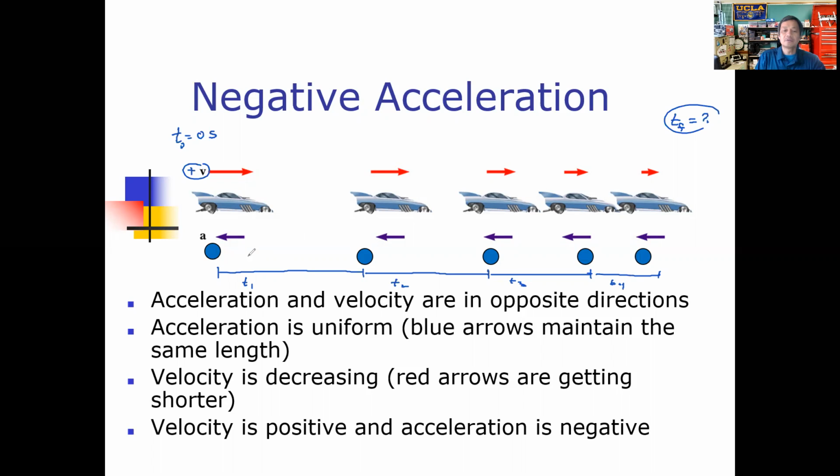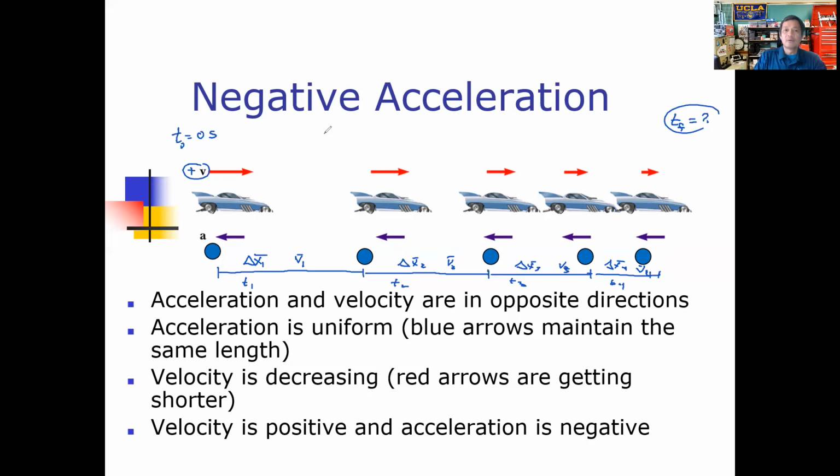If you take a look at the displacement, delta x1, delta x2, delta x3, and delta x4, you notice that the distance being covered over the same time interval gets smaller and smaller, which means the velocity is getting smaller and smaller: velocity 1, velocity 2, velocity 3, and velocity at time 4.